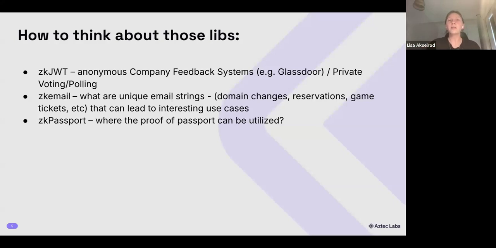What information contained in the email, such as domain changes, reservations, hotels, plane tickets, game tickets, you might want to generate a proof of so that you can utilize it in the application. For ZK Passport, again, look at your passport: what information contained in the passport can be interesting to prove.